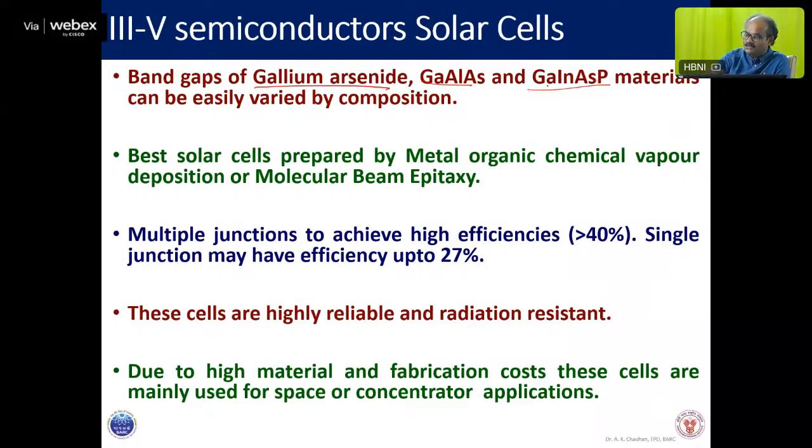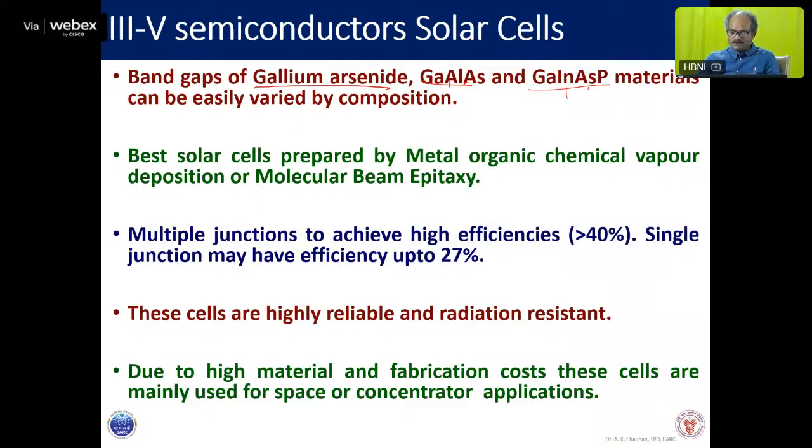If you vary the composition of these elements, you can have varying band gaps. That is the advantage with these solar cells. The best solar cells are prepared by metal organic CVD or MBE. These 3-5 solar cells use multiple junctions to achieve high efficiency.